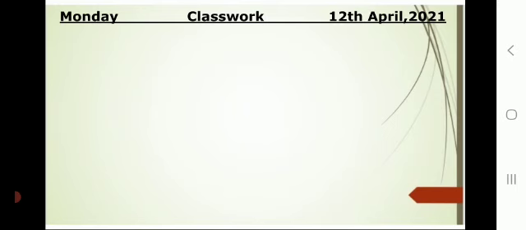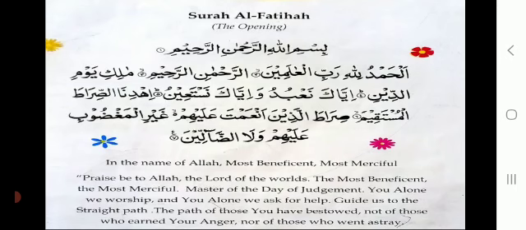Classwork's C would be capital, Monday's M would be capital, and April's A would be capital. I hope you are doing well. Have you done it? You can also underline these three things, date, day, and classwork, with your scale and with any color pencil or even with your pencil. Is it okay? Okay, so let's see what is on page number 7.